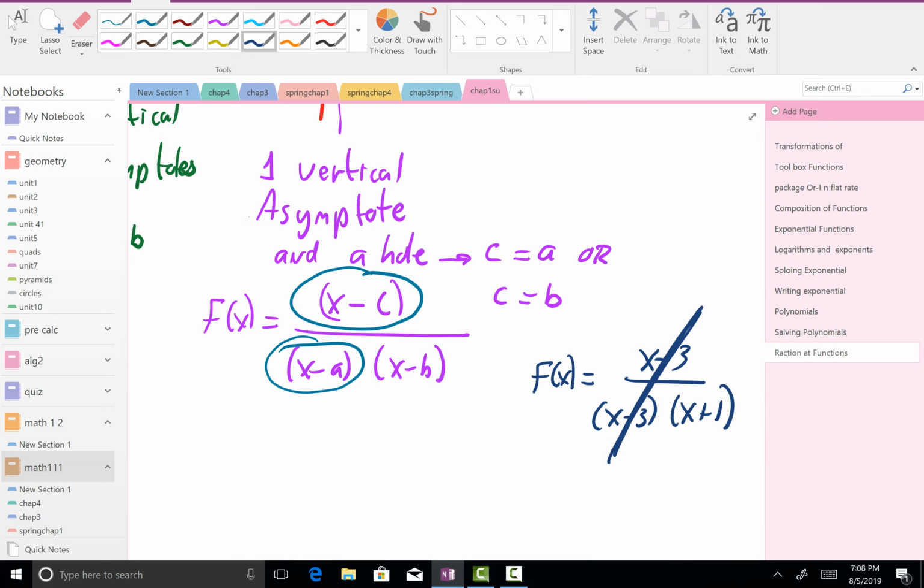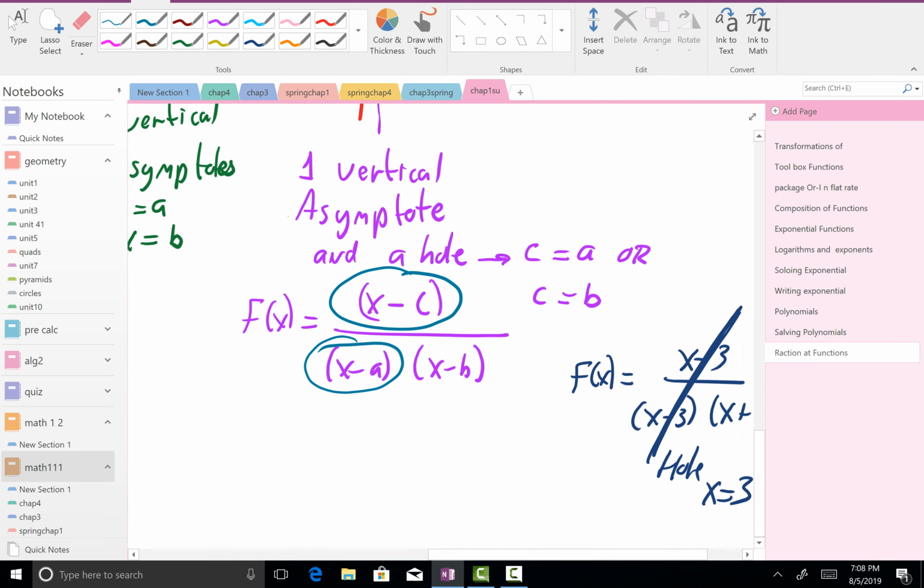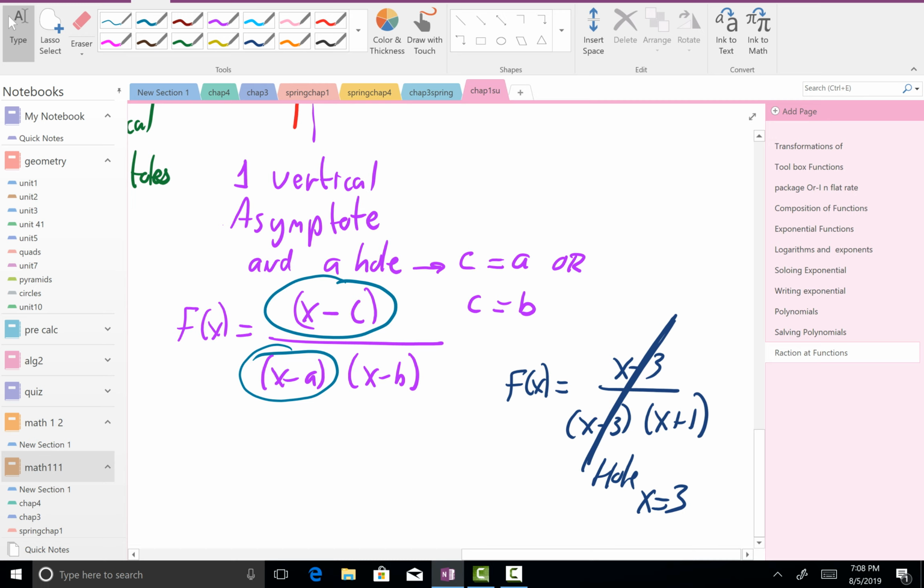Then we're going to get a hole. Kind of crazy. That's what's happening with rationals on that.